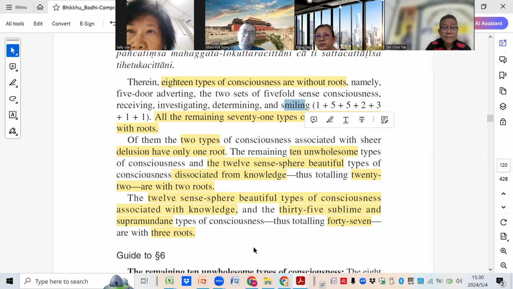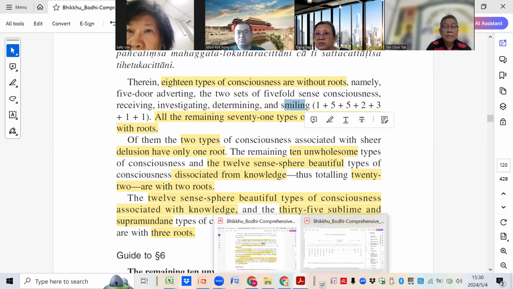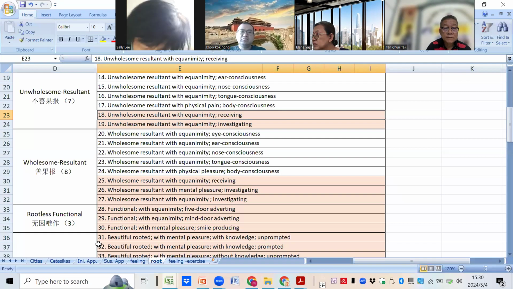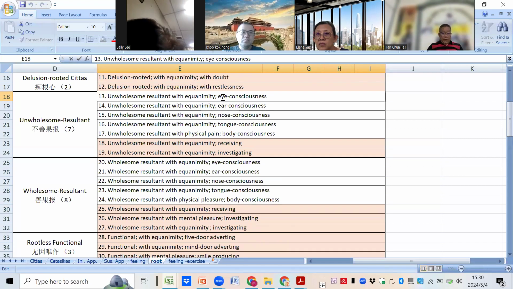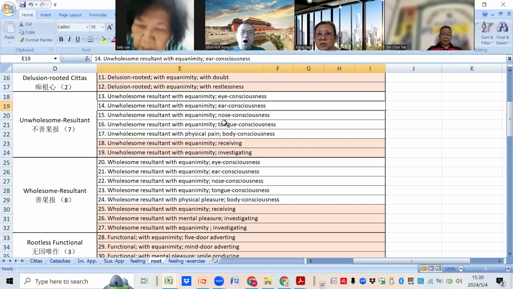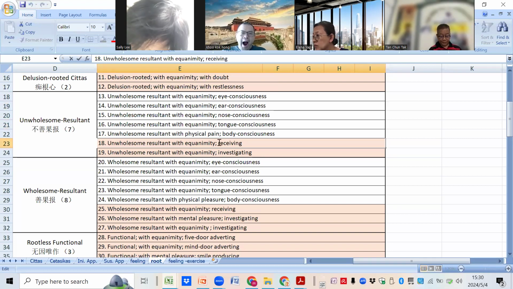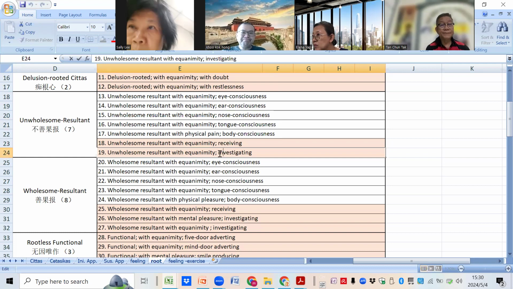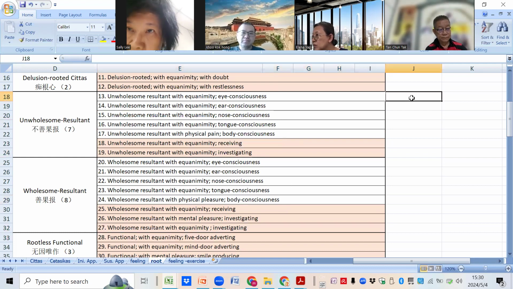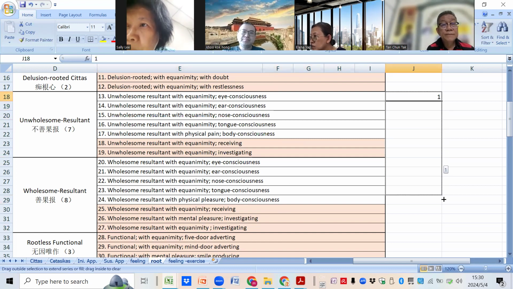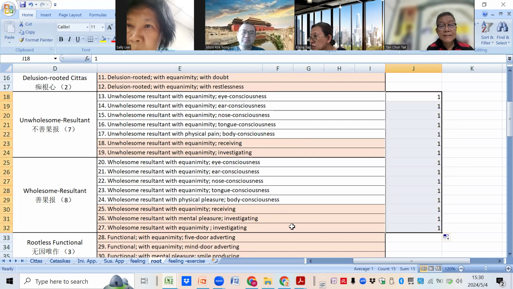Meaning to say that all these are considered rootless. Here we are able to see eye consciousness, ear consciousness, tongue consciousness, plus receiving, investigation. So all these are considered rootless. So we'll put 1 here, and then including all here.